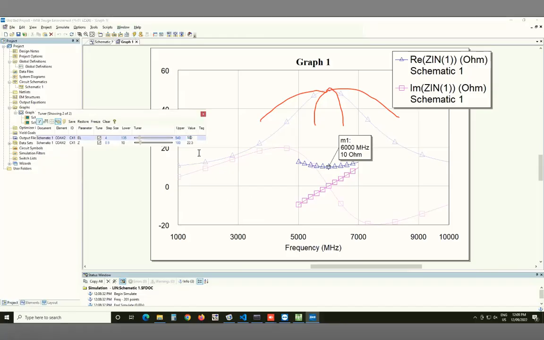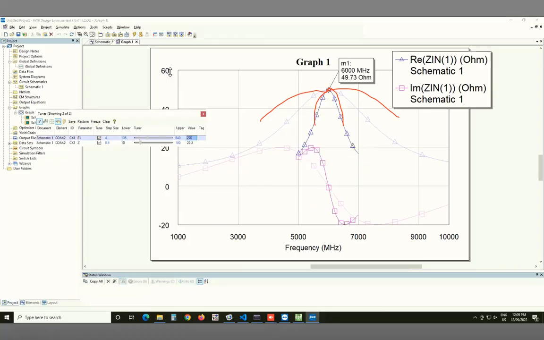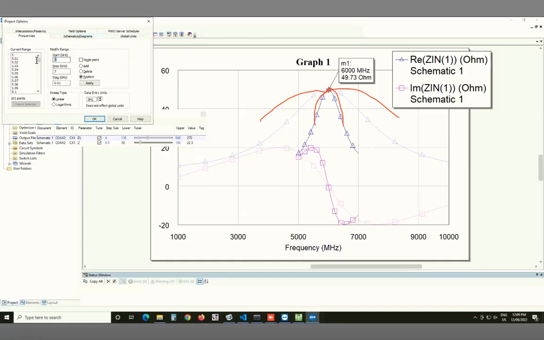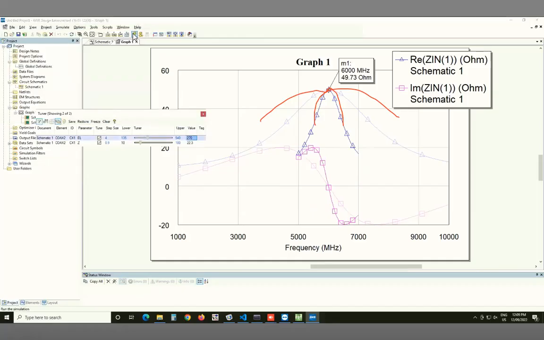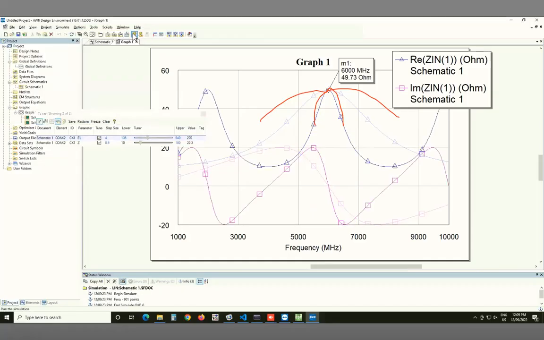So let's go back to 270, and now plot over the full range where we were looking earlier. Now we see some more.